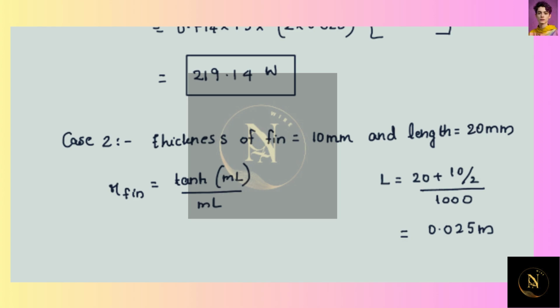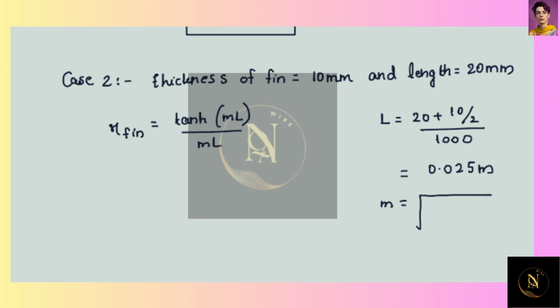Upon solving we will get L is equal to 0.025 meter, and here m is equal to square root of 2 into h, which is 75, divided by k into t. Here k is 16.2 and thickness is 10 mm, that is 0.01 meter. Upon solving we will get the value of m to be 30.43.